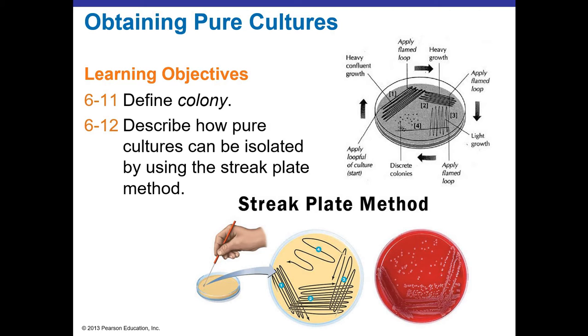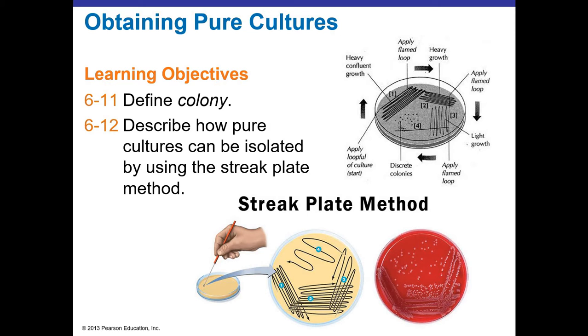But you want to be able to streak this out or dilute it. So what you're going to do is then flame your loop, and then you're going to take that cooled loop and drag it in and out of the previous quadrant. That is going to allow you to take some bacteria from that previous quadrant, but not a lot. And then as you streak that down the agar, you're actually going to separate or dilute the bacteria.